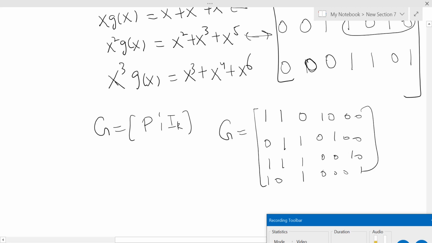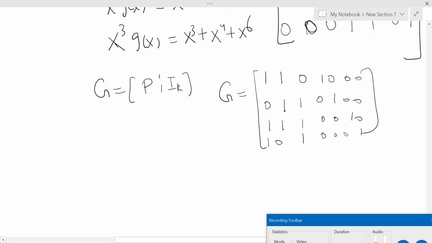Okay, since your exam is of very short length, I will not give such problems where you have to convert into systematic form. It takes time, okay, but you should know the procedure.